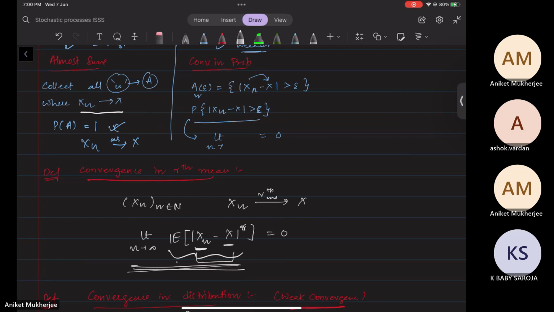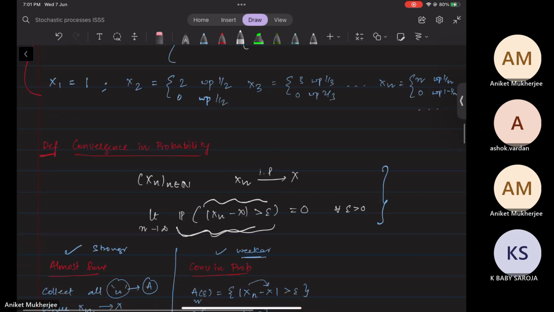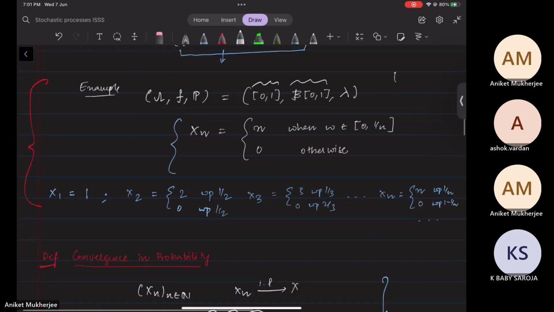So your question was, what is the intuition behind having the convergence in Rth mean? I don't think there's an intuition, but historically, this first started with working with pointwise convergence.